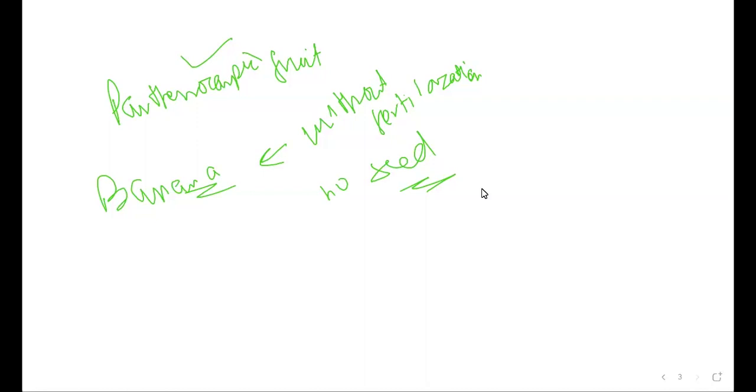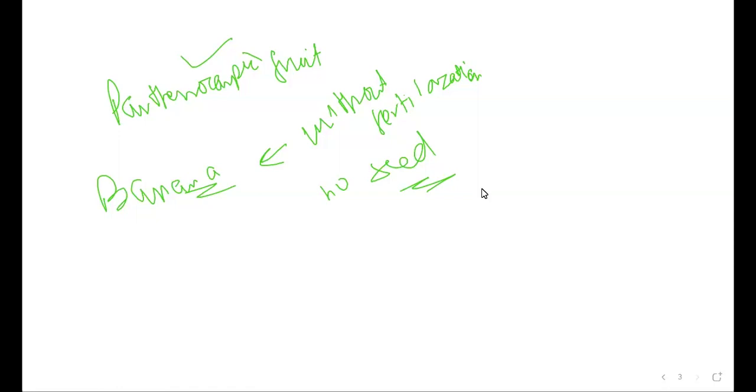What does that mean? What we are doing is creating a seedless fruit. And how do we create a seedless fruit? There are certain hormonal changes that happen in such types of plants, and they create an environment for the ovary to mature and get converted into the fruit without the seed getting formed. There's no fertilization.